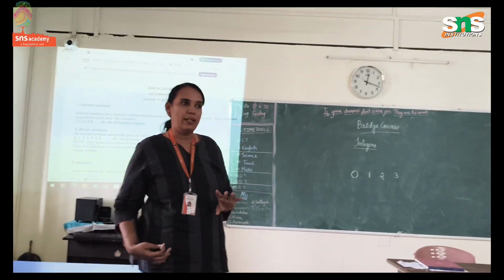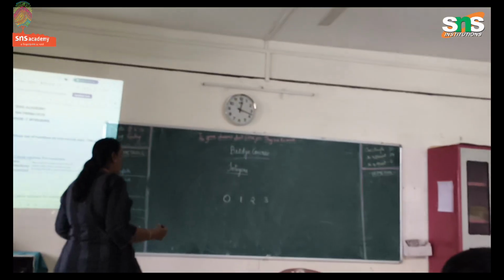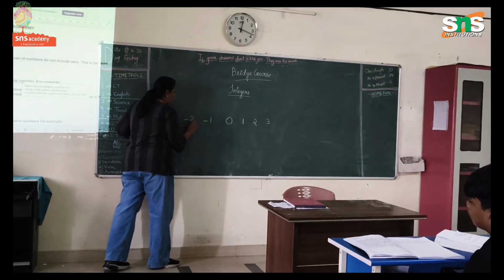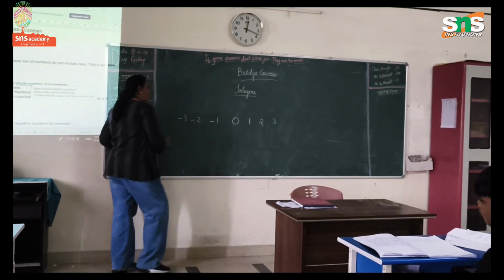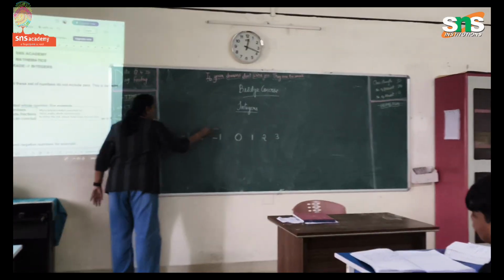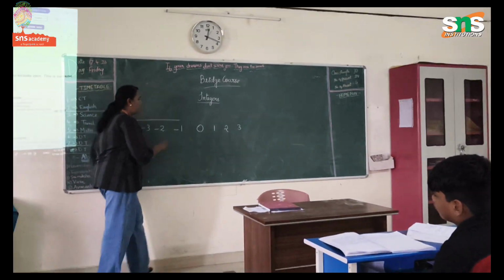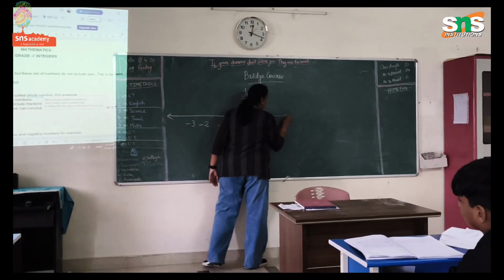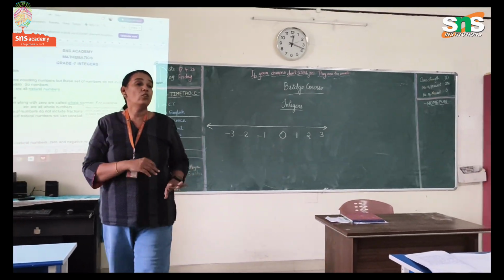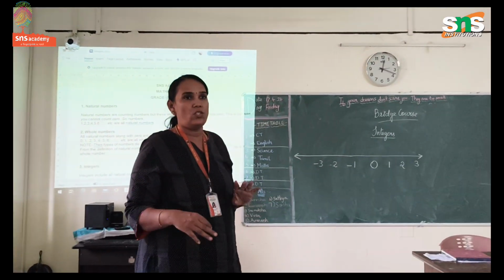That is the other side of the 0. So what is on the other side of the 0? Minus 1, minus 2, minus 3. So this is the other side of the 0, and it is going on the right hand side also. Both sides have no ending for the integers.